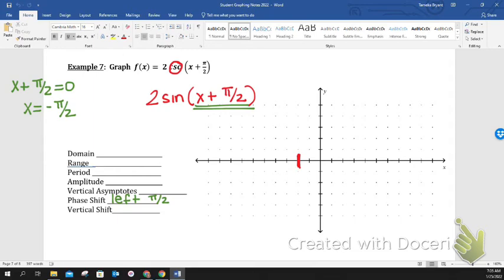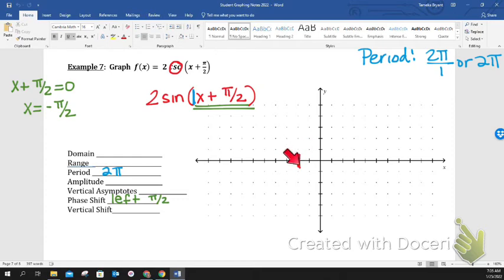The period tells me how far from this I'm going to end. So how far from my start do I end? And because the b value in this example is 1, the period is 2 pi divided by 1, which is still 2 pi. So let's write that down for our period. So I'm starting here, and I'm ending 360 degrees later.